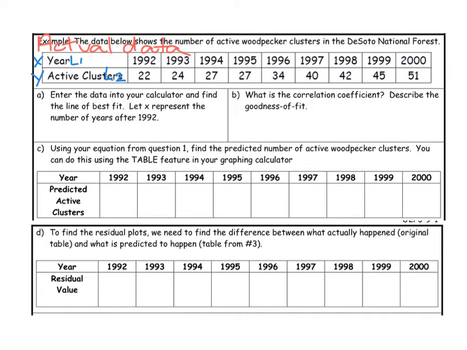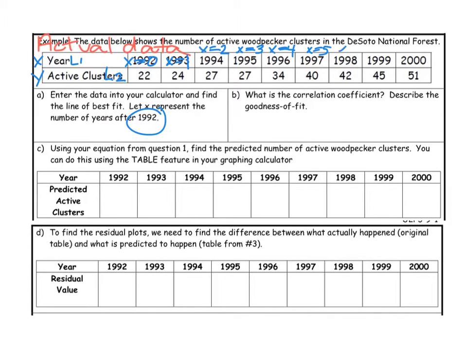For 1992, our X would equal 0. For 1993, our X would equal 1. For 1994, it's 2 years after 1992. 1995 is 3 years. I'm just doing 1996 minus 1992. That's all I'm doing, and this gives us 4.